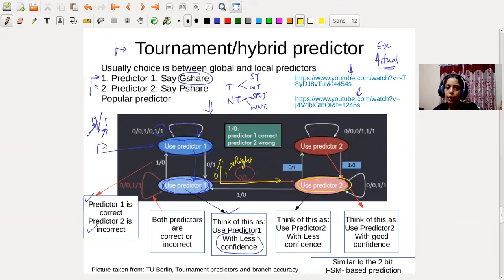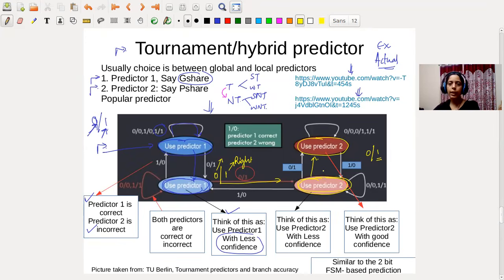Similar to our FSM that we had earlier, the 2-bit counter FSM, we had to go wrong 2 times before you change the state from taken to not taken. Now you're changing the predictor itself. Of course you would have now guessed that if predictor 2 is going to be correct again, then you're going to go to the state that means use it with a higher confidence.